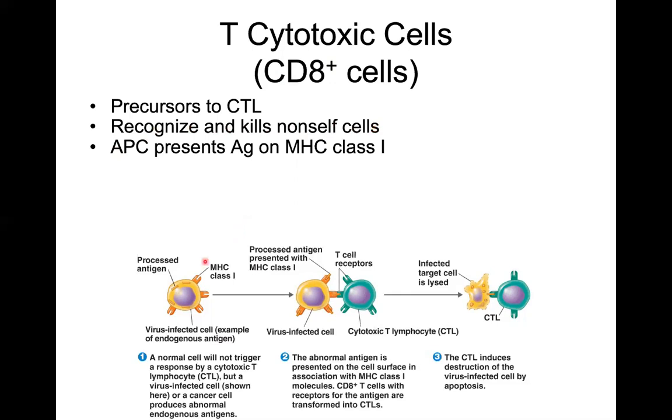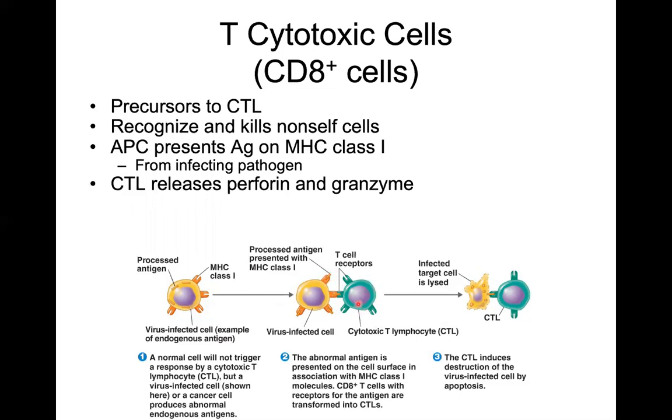Maybe the cells have become cancerous, or become infected with a virus, so now it is acting as non-self. So this cell was infected by a pathogen. The antigen was processed and is presented on the surface of this cell by an MHC class 1 protein. See, the MHC class 1 protein is here presenting a portion of the antigen.